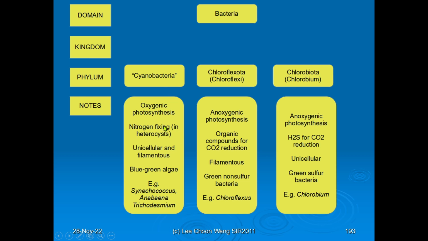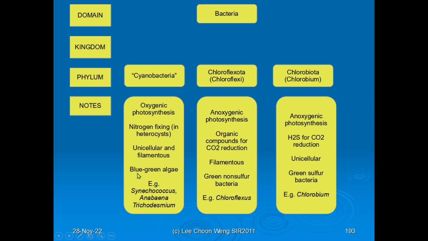Cyanobacteria can carry out nitrogen fixation in their heterocysts, as opposed to Chloroflexota and Chlorobiota. Cyanobacteria are both unicellular and filamentous, whereas Chloroflexota are filamentous and Chlorobiota are unicellular.